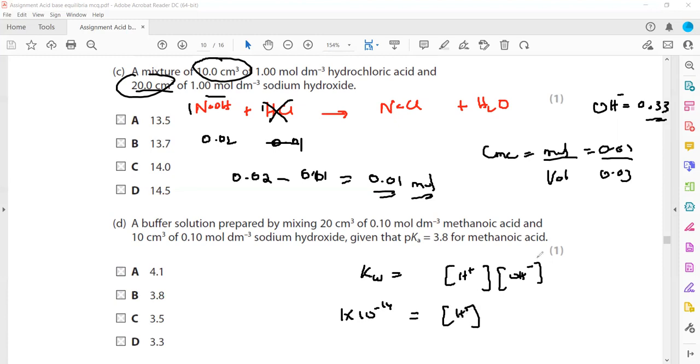The hydrogen ion concentration we don't know in this sodium hydroxide; the hydroxide concentration is 0.33. When we simplify and find the pH, that will give us around 13.5, so A is the right answer. After getting the hydrogen ion concentration, we substitute in the formula pH equals minus log of hydrogen ion concentration.